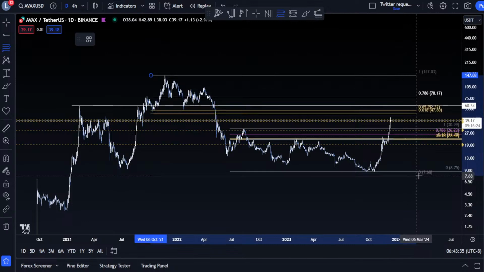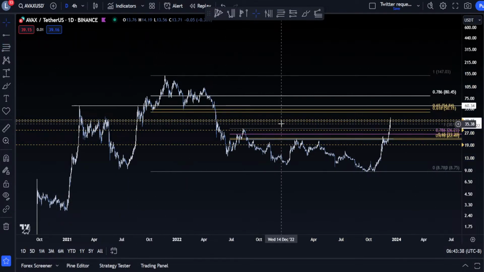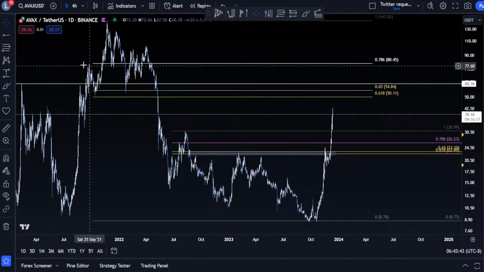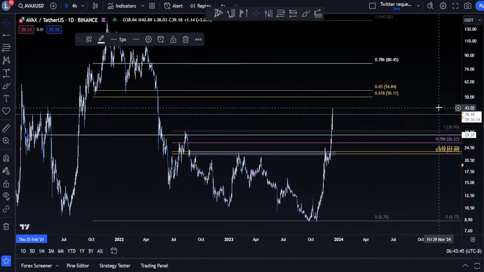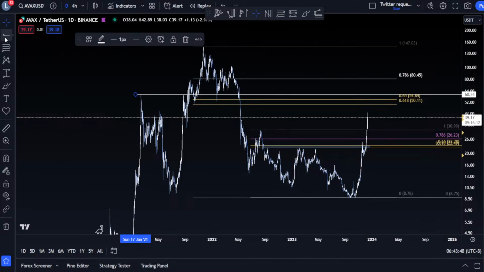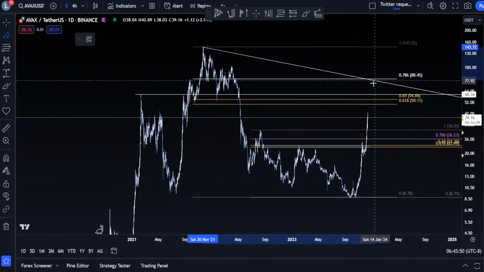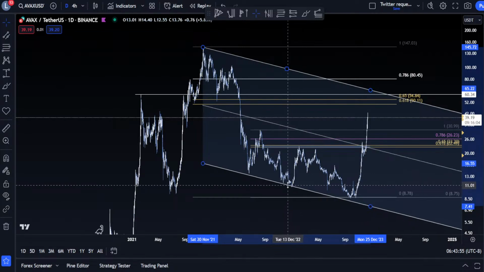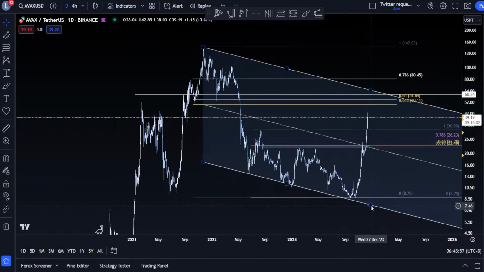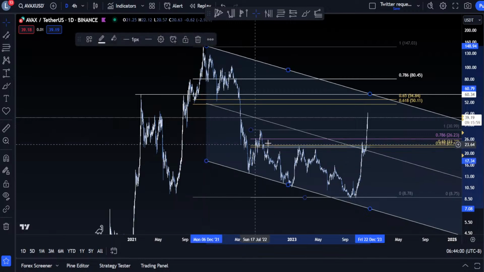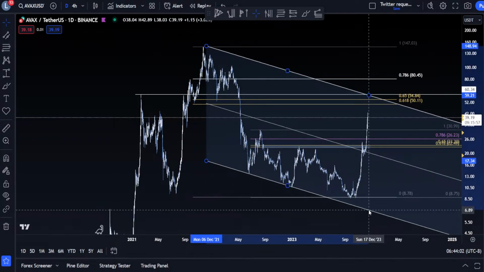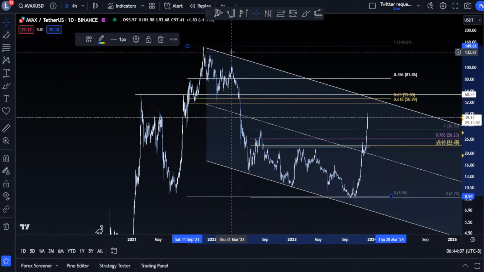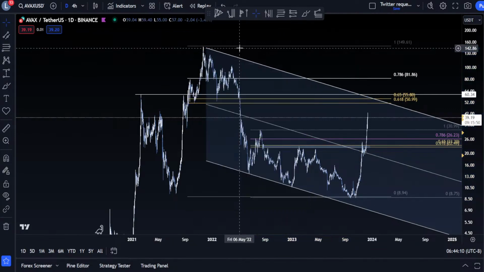I'm going to go to log scale here. 500% parabolic move. Let's just draw this properly.